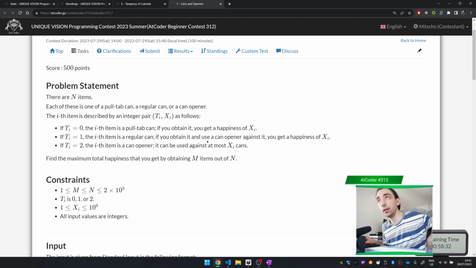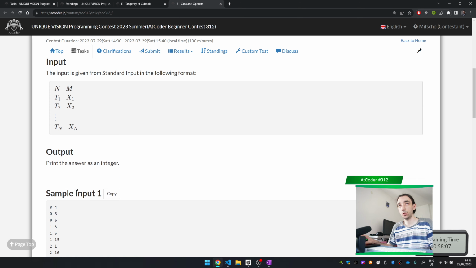If you obtain it and use a can opener against it, you get the happiness of xi. It can be used against at most xi cans. Find the maximum total happiness that you can get by obtaining m items out of the n. So there's some restriction on n.